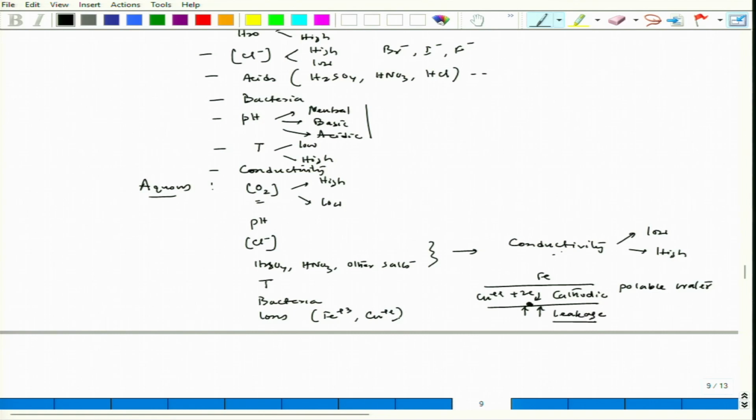Fine. So, now if we have that idea that copper ion is present, we should make sure that the copper ion is tackled before it flows into the iron pipeline. So, again we see that the protection is not about having something on the material composition or microstructure or having some coating or some other means.